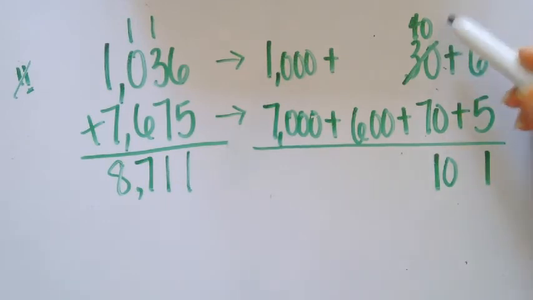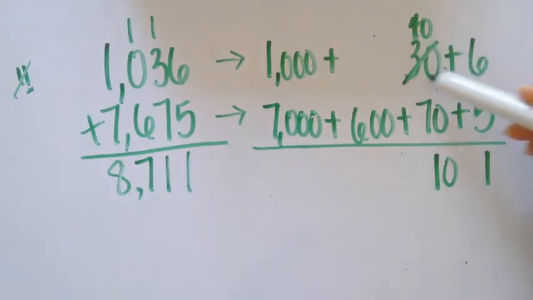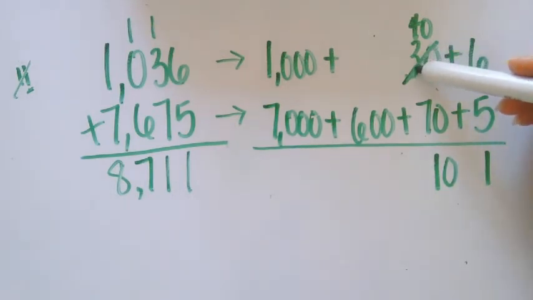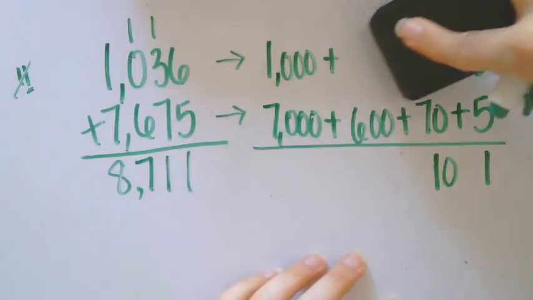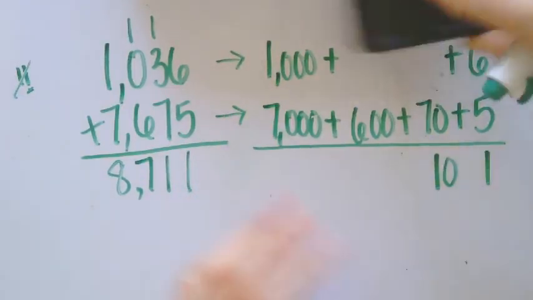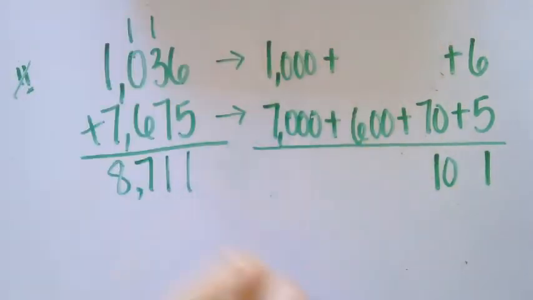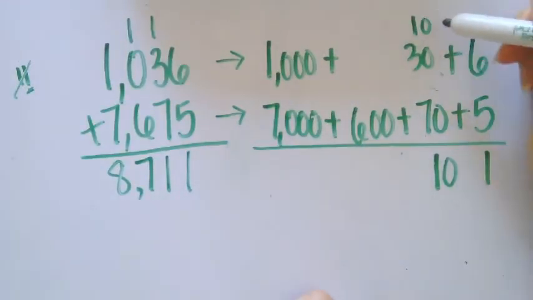All right, so I'm looking back at this and realizing I could have done this two different ways. I know that I'm taking one group of 10 and I can add it to my 30, making it 40, or with my 30, I can add my 10 up top so that I understand what's coming over here and why.